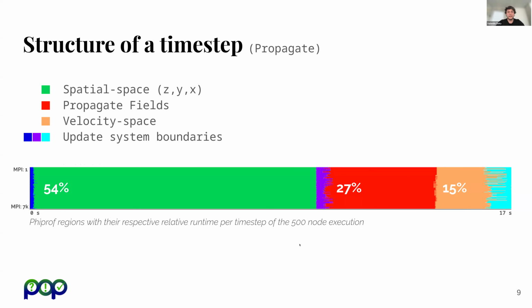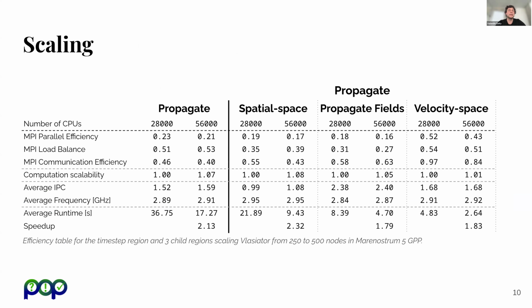Now, if we take this input and strongly scale it, we will end up with a table very similar to this. Bear with me, there's a lot of numbers. Don't despair, I will explain them in a second. First of all, we have to note that propagate is a time step, and then we have the three children.